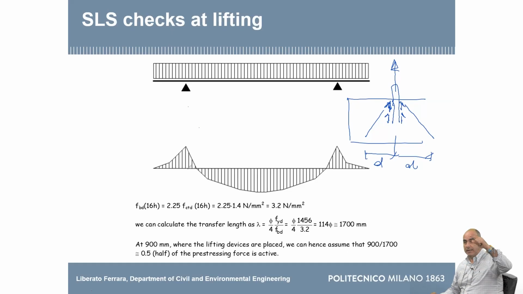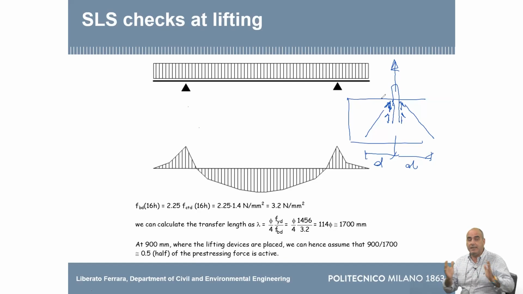Compression on the bottom, tension on top, which is exactly the same sign, the same effect as the pre-stressing tendon. So while throughout the rest of the beam the moment due to the external actions is positive and the one due to pre-stressing is negative, so they counteract each other, in this part here they are acting together. So you do not want to go too much inside, because otherwise your moment will increase.